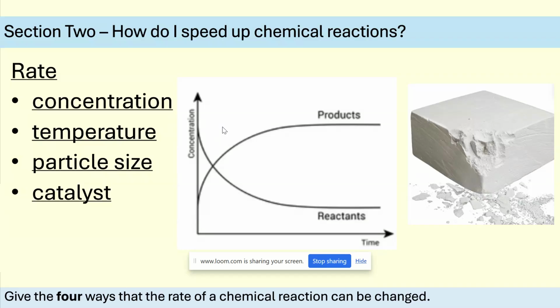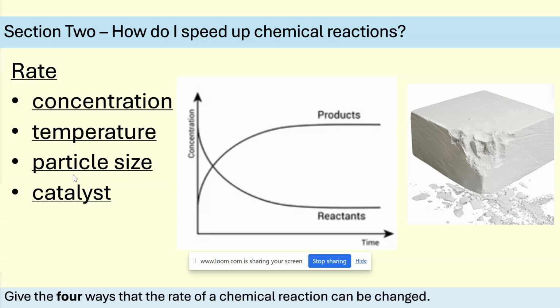But it is important, as I mentioned before, that when we increase the temperature or decrease particle size, we're getting the same amount of product produced at the end, we're just producing it quicker, at a higher rate. The interesting thing about concentration is, because concentration is the amount of reactant that you have in that unit of volume, if you increase concentration, you do actually often end up with more product being formed at the end.